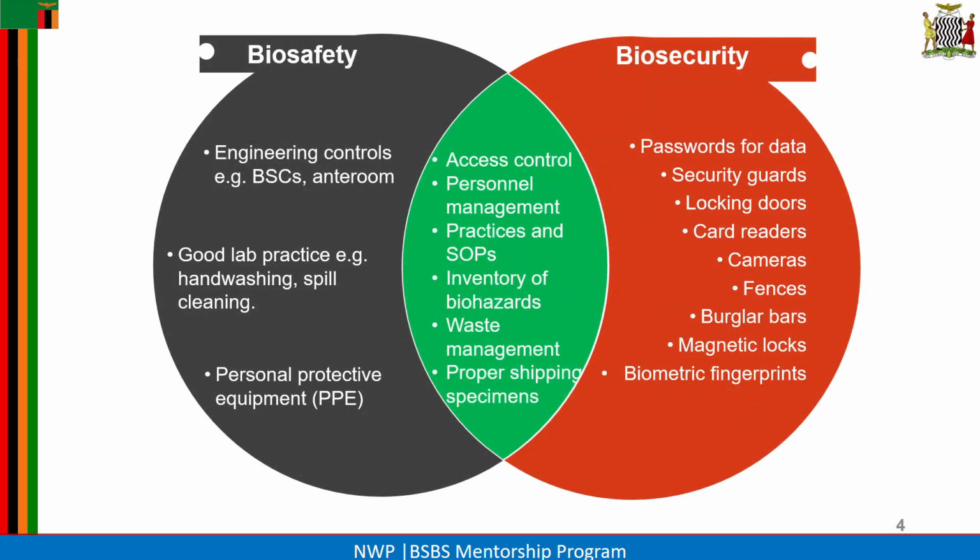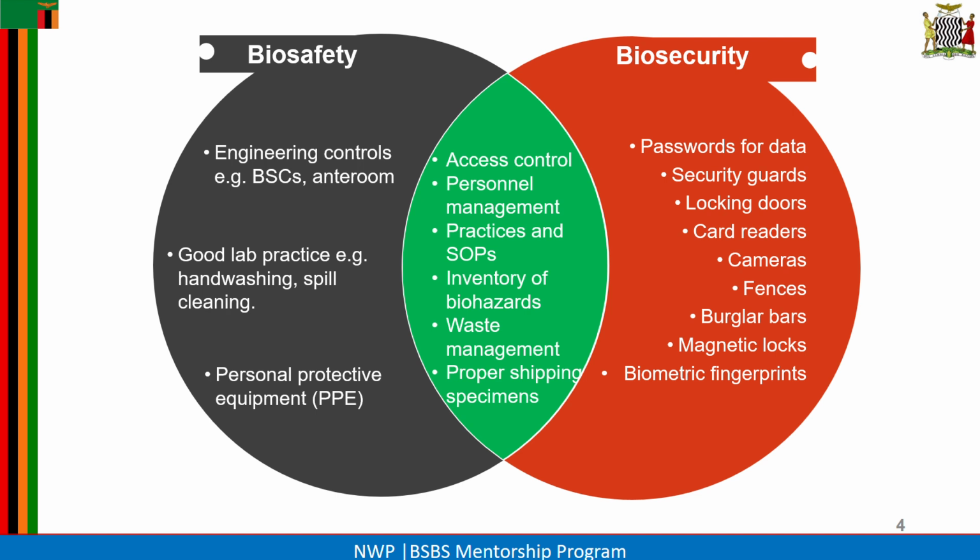So let's look at what are some measures that may be considered as biosafety, and what are some measures that are biosecurity, and which of these measures can be considered both biosafety and biosecurity. So under biosafety, some measures that we can think about or we can talk about as falling under biosafety are examples of engineering controls.